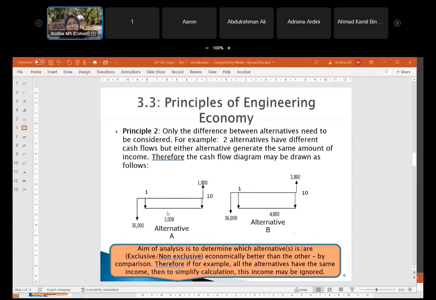So what you do is you just compare. So that means 5,000 and 4,000, the difference is 1,000. So you just calculate that 1,000. That's the relativeness. Okay, 3,000 and 1,000. So the difference is 2,000. So you will come out with one more CFD, only to show the difference. That is the meaning.